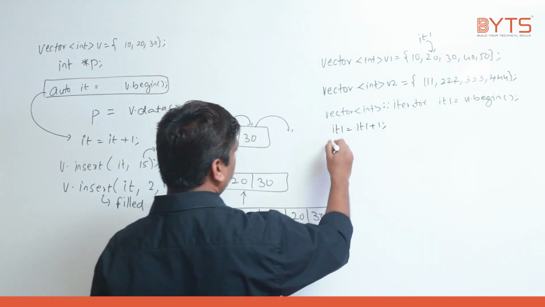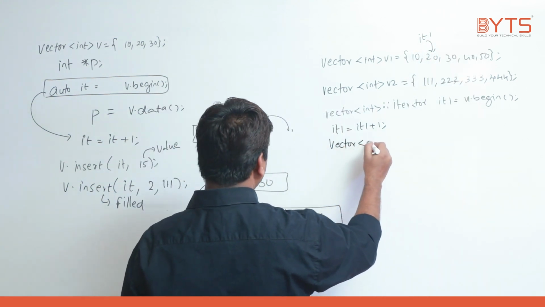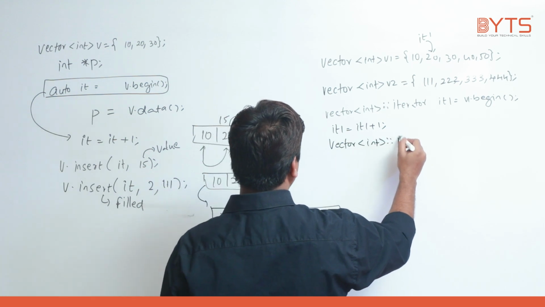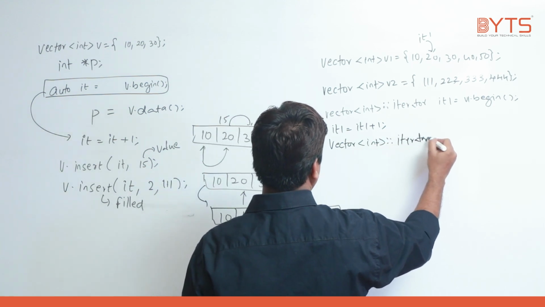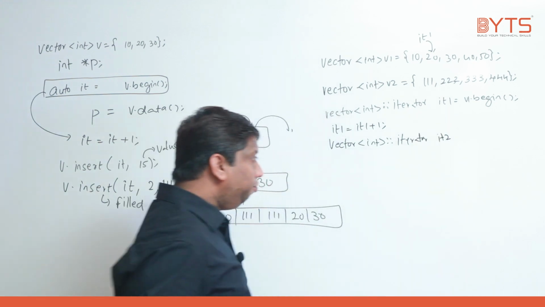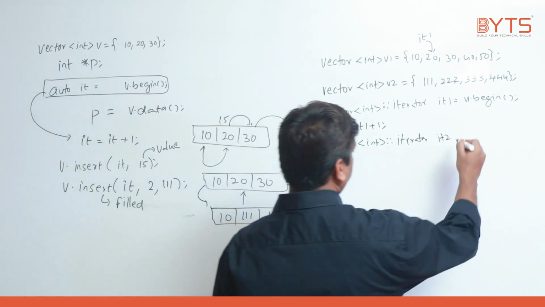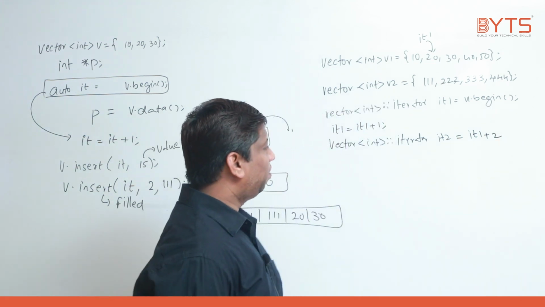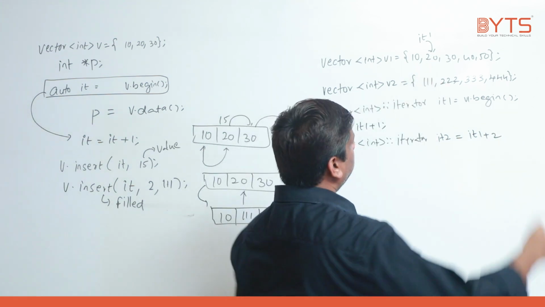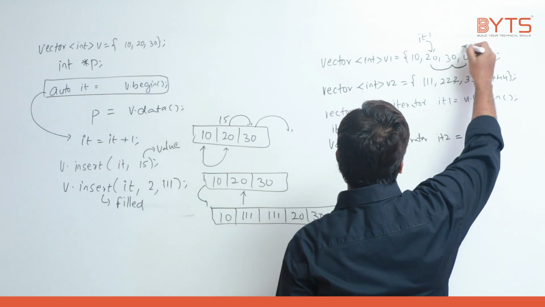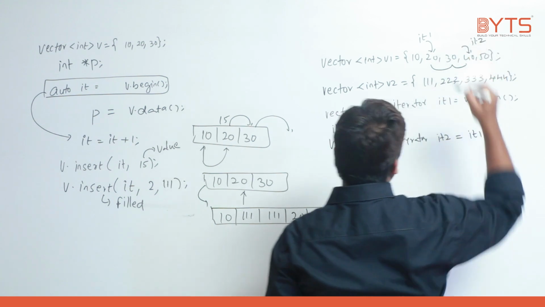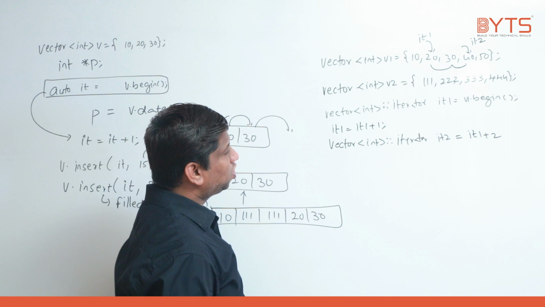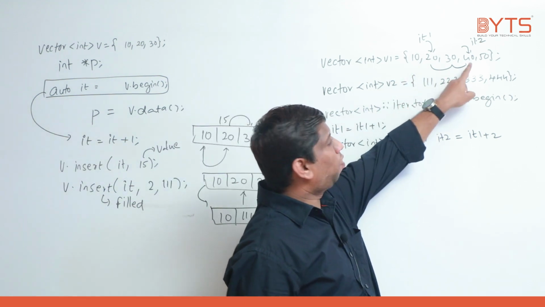Next, vector<int>::iterator it2 = it1 + 2. Where it1 is pointing here, plus 2. Completed. Now it1 is pointing to 20, it2 is pointing to 50.